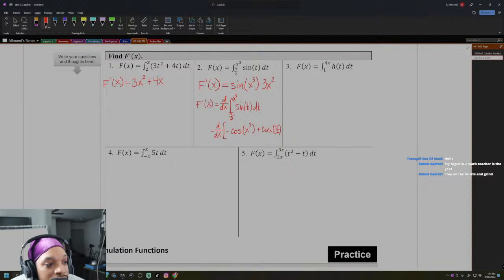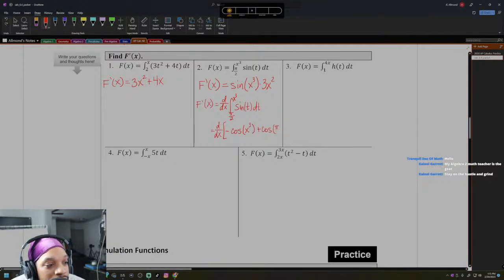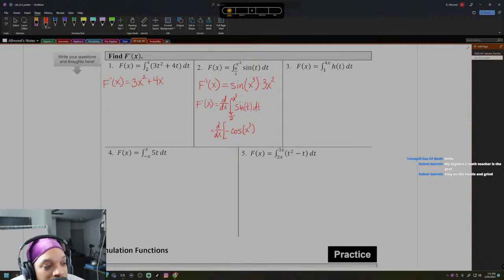Wait, why plus cosine again? Well, it's minus negative cosine. So minus negative cosine gives us a positive, right? Well, I'll write it out the long way. It's f of b minus f of a, and our f is negative cosine. So we're minusing a negative cosine.